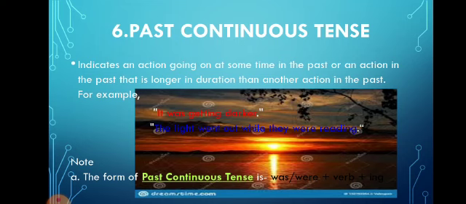Was if the subject is singular, we use were when the subject is plural, or in other words, when the subject is in the first person plural. When we use we, the verb form is were.